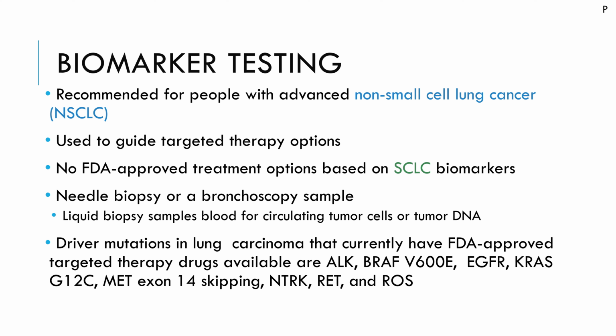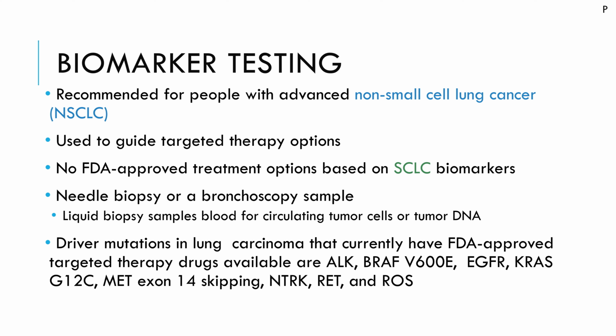This biomarker testing is typically done by taking a fine needle biopsy or a sample from going down into the lung airways. It's called a bronchoscopy. Or in some cases, a liquid biopsy is taken, and by that it's meant blood. And there you're looking for circulating tumor cells or circulating tumor DNA.